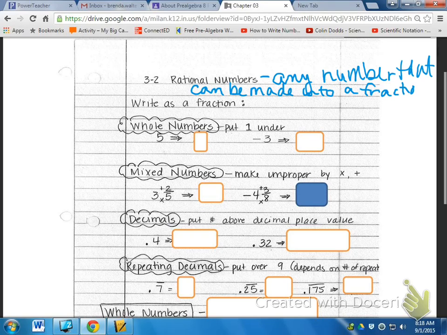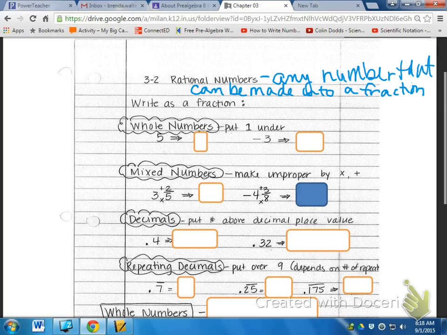So pretty much every number that you guys have dealt with, with the exception of maybe one, has been a rational number. Anybody know the one that I'm talking about that's not rational? Stephen? Pi. Pi is definitely not rational. You can't make it a fraction. And here's kind of how you tell.